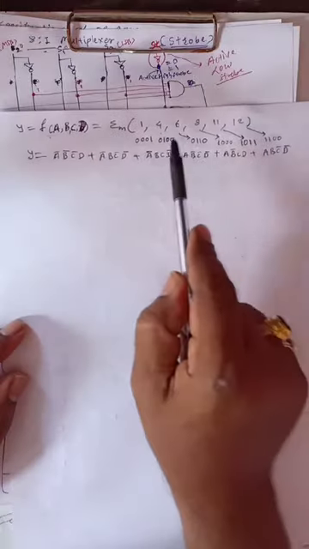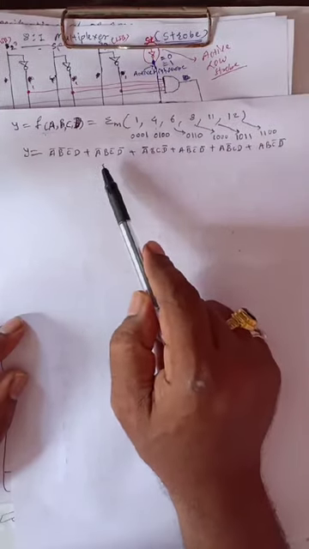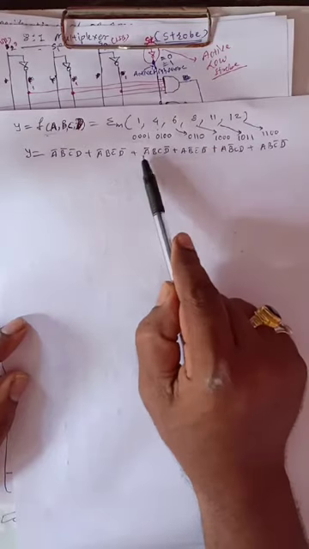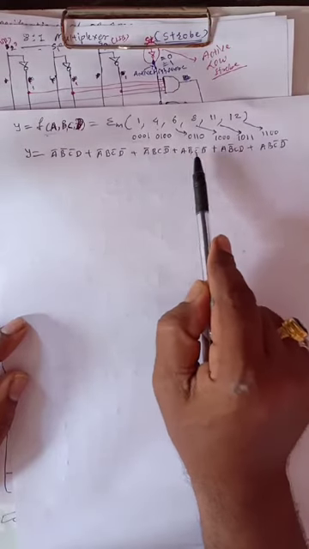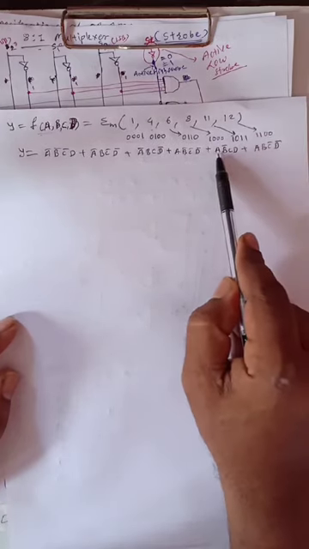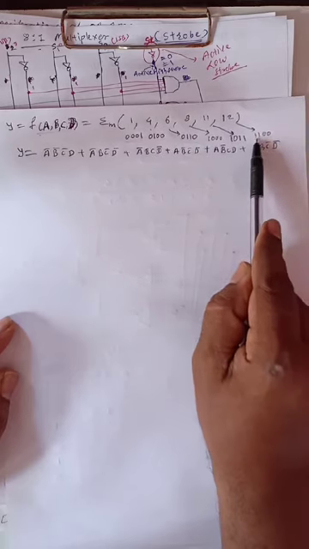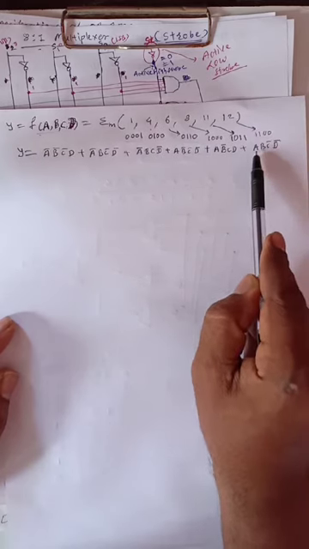Whatever the 0 position, you write that particular variable in the inverted form. So 0, 1, 1, 0 is A bar, B, C, D bar. Then 1, 0, 1, 1 is A, B bar, C, D, plus 12, which is 1, 1, 0, 0, so you write A, B, C bar, D bar.